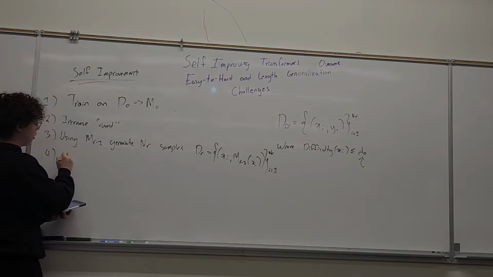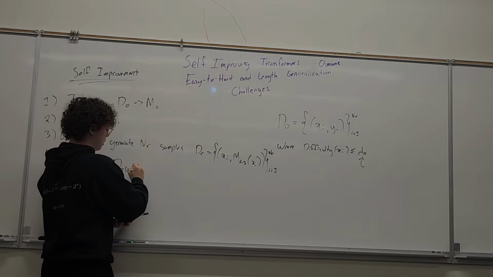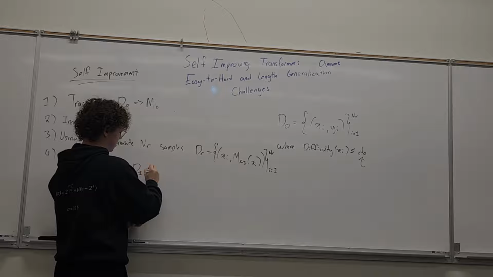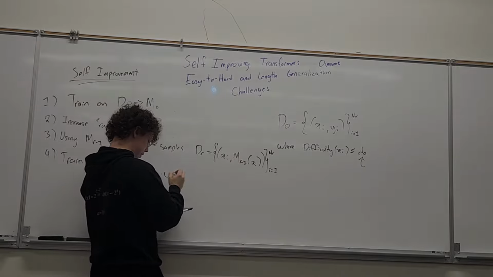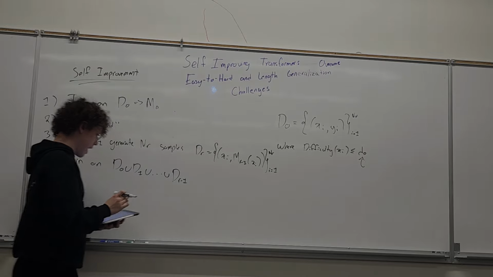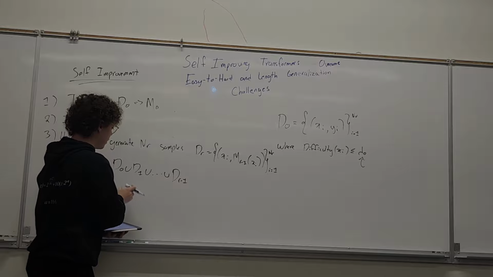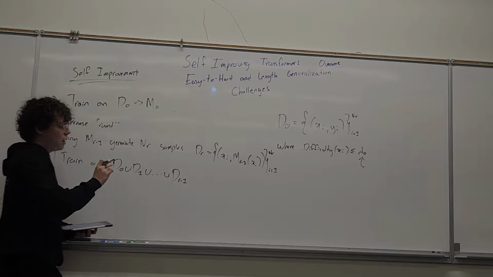So now we train on D1, and then uni. I'm gonna write this fully out even though I only have one. So then now this is just an amalgamation of all the data sets that came before that we were trained on, including our absolute truth.